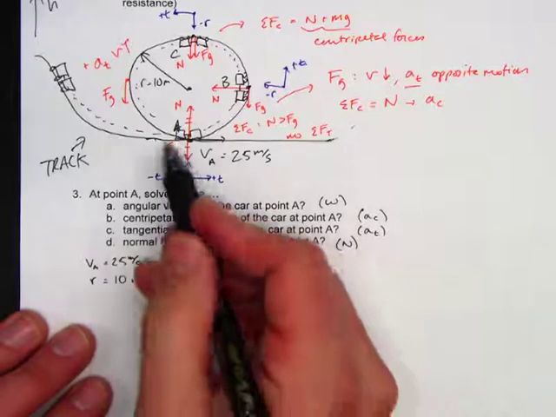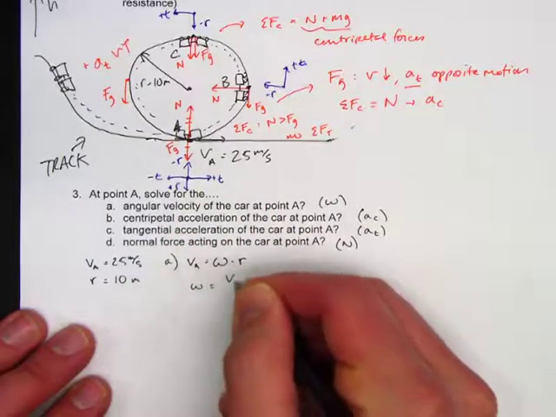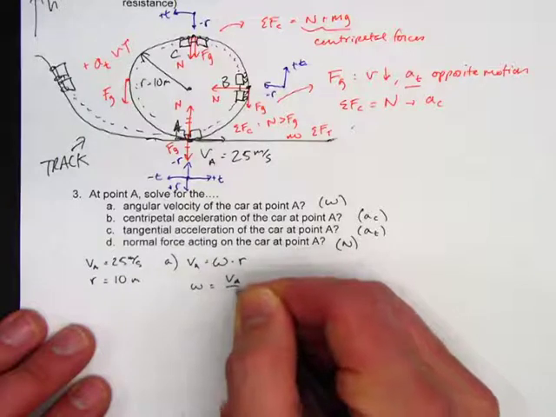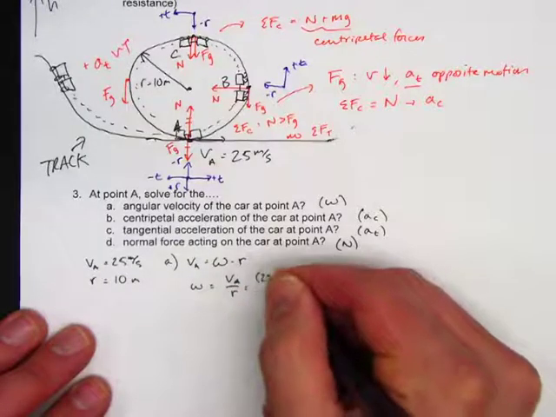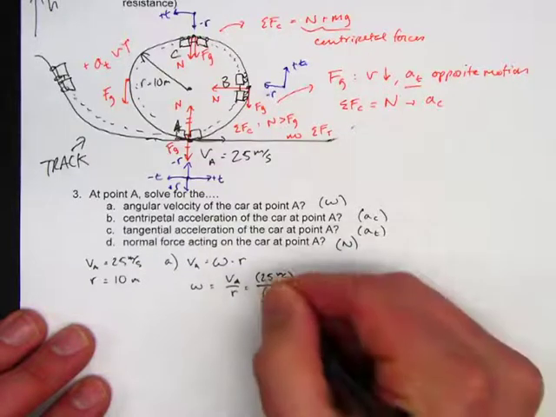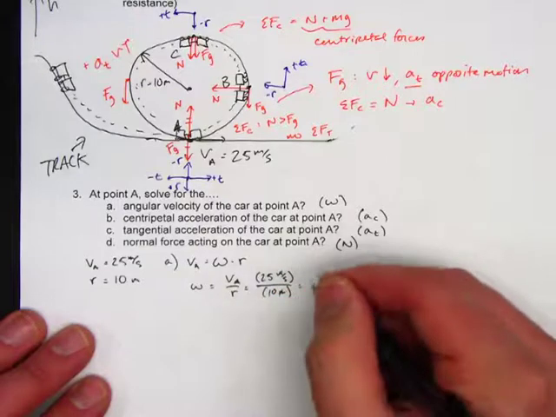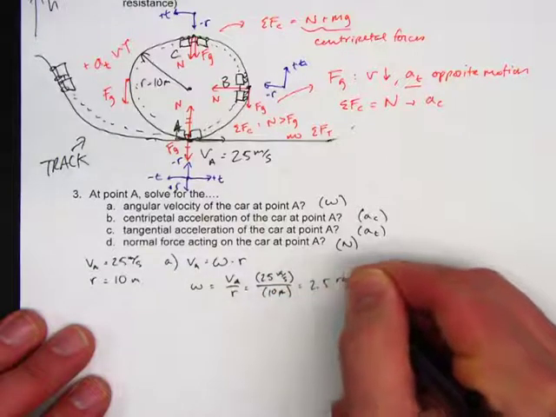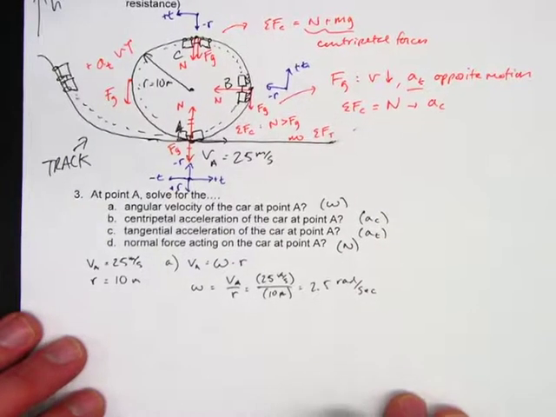This is right when the track begins to curve. So I can solve for omega by taking my linear speed and dividing by my radius. 25 meters per second divided by 10 meters, the meters cancel out, and I'm left with 2.5 radians per second. Remember, radians is just the ratio of distance to distance, so it's unitless.